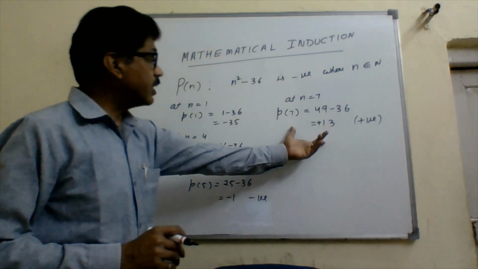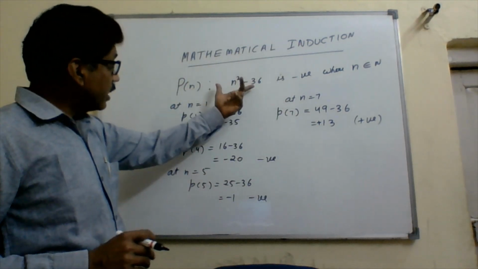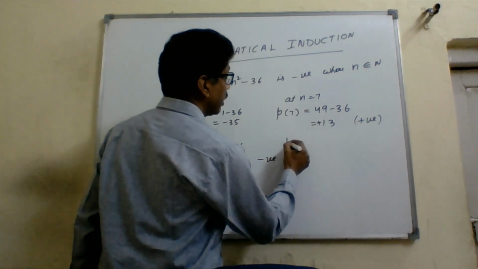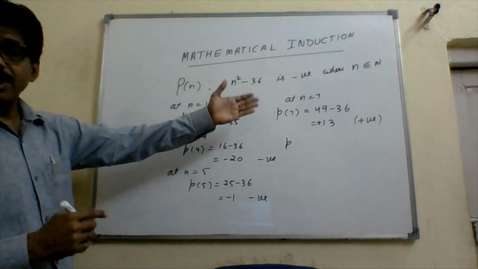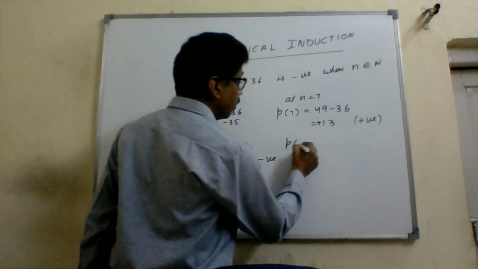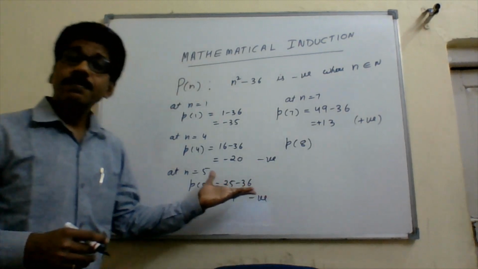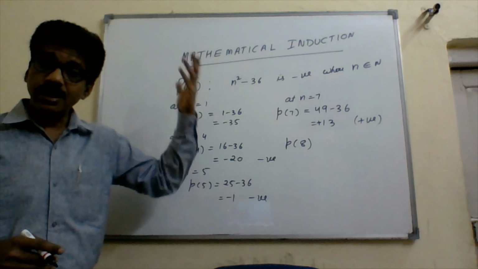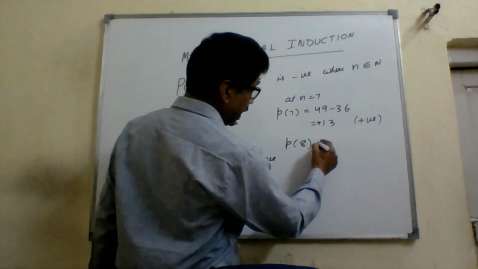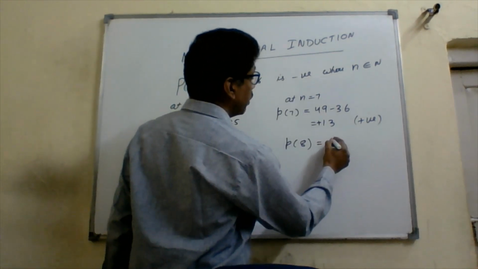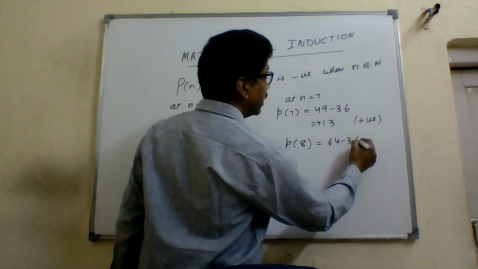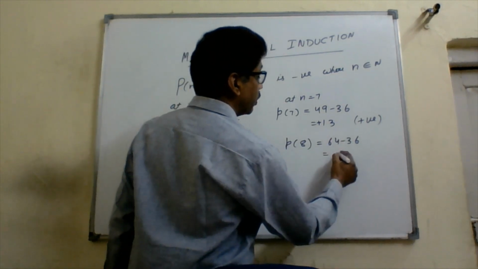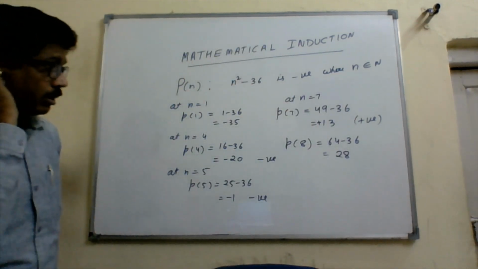So at this stage, this statement is false. And for all other natural numbers 7 or greater than 7, you will find that this statement is false. Because at n is equal to 8, you get 8 square, which is 64, minus 36, which is 28.